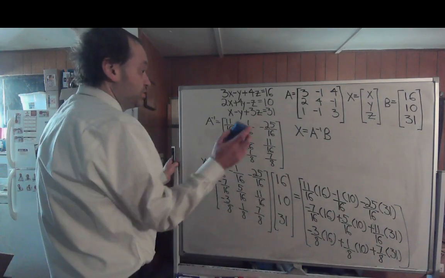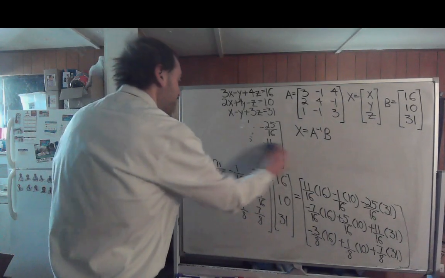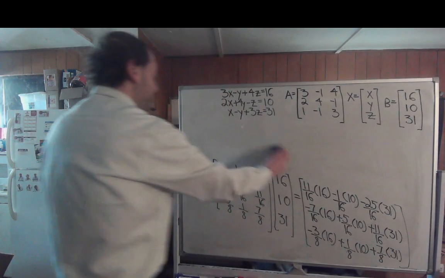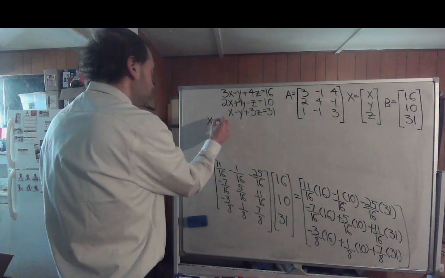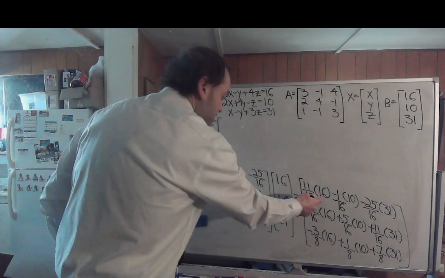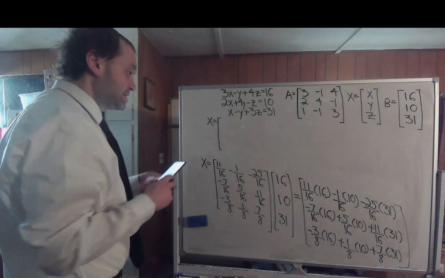I'm going to erase this stuff up here. Which means X is going to turn into, so I'm not going to reduce this just yet. Let's just leave our denominators alone for a minute.